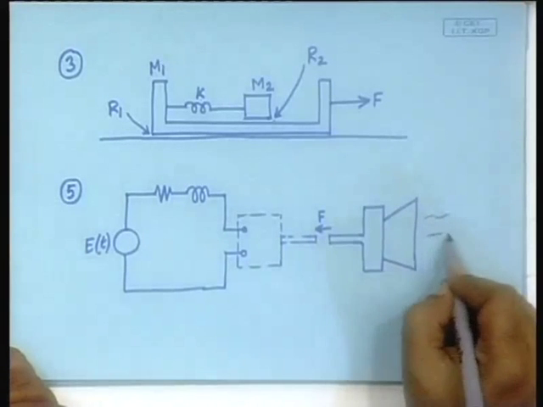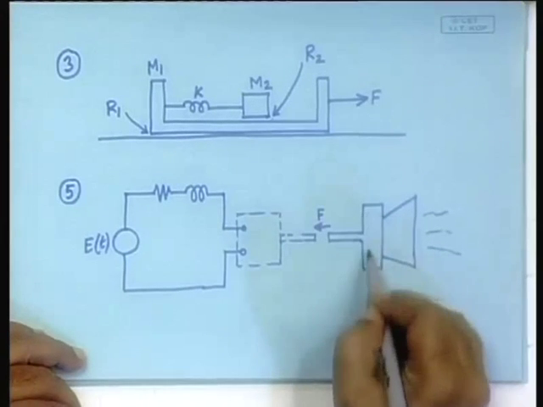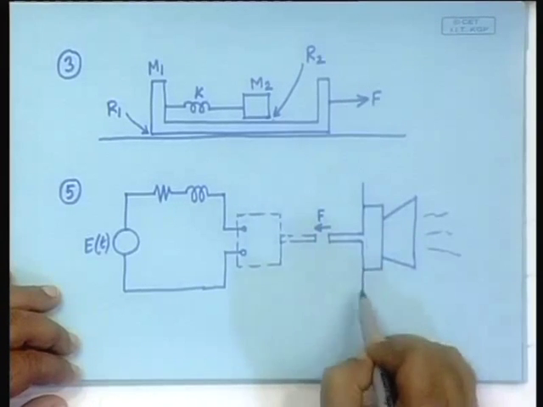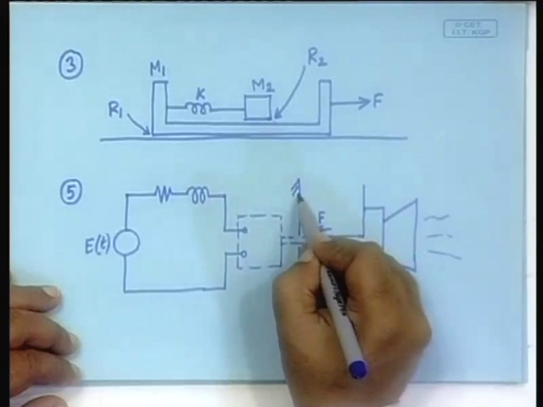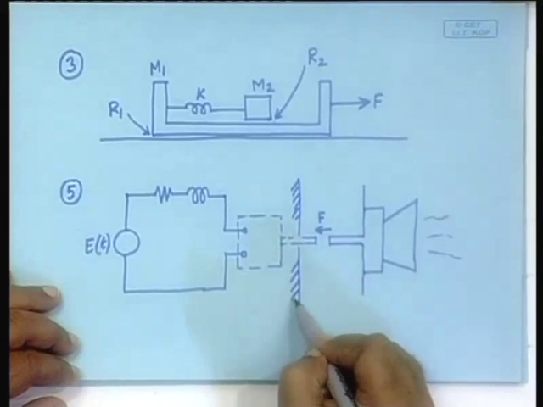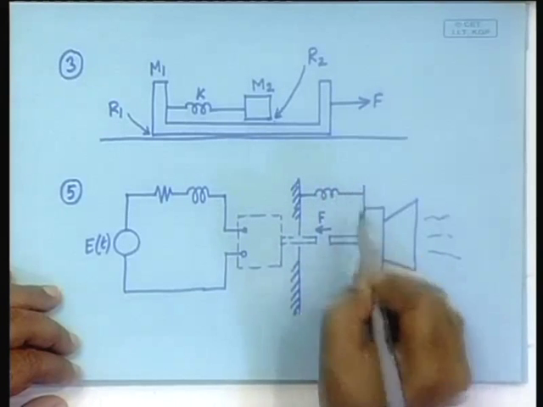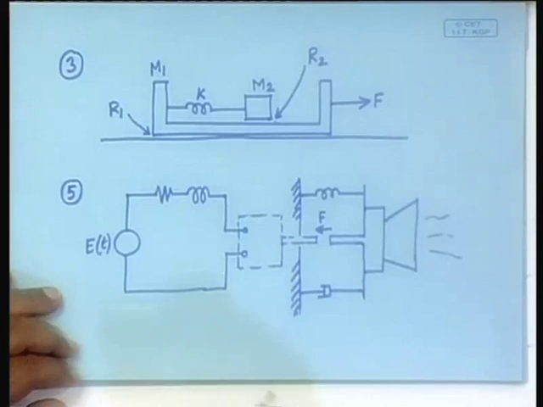So, you get the sound here, fine. But not only that, this fellow should not be hanging in the air, that has to be attached to some kind of a ground by means of a spring damper arrangement, right.